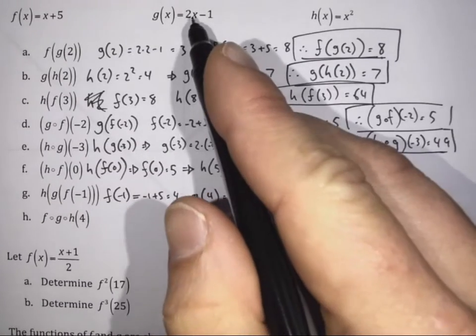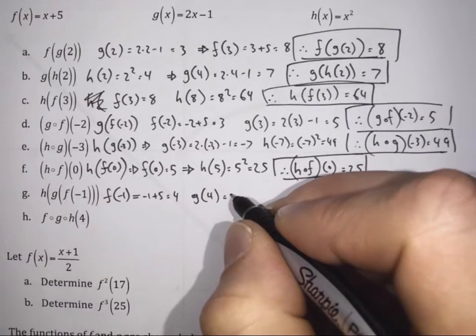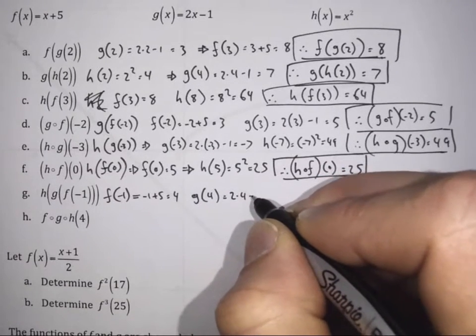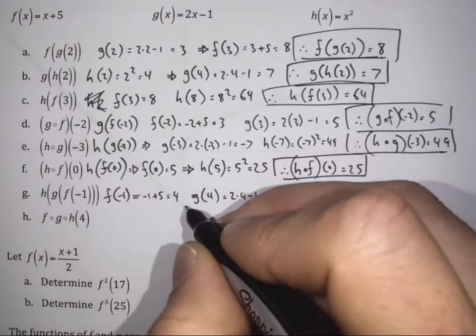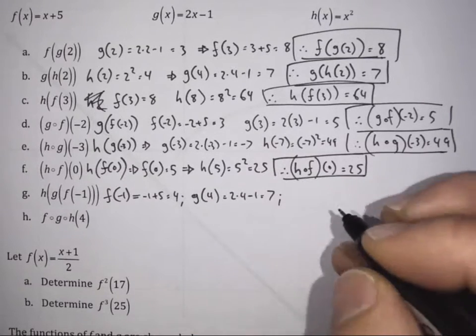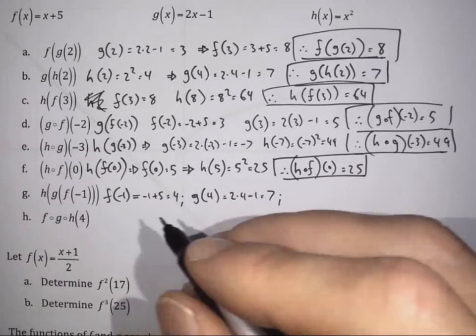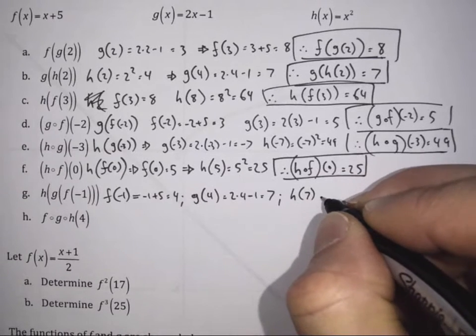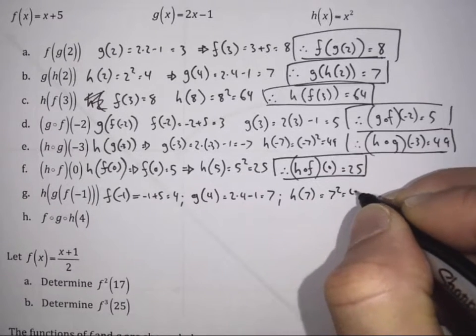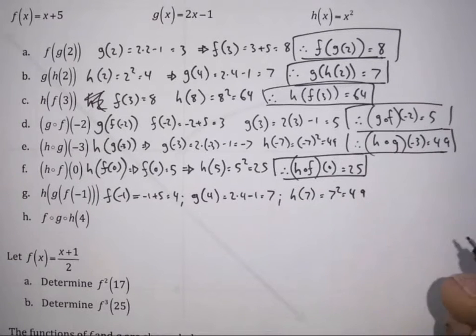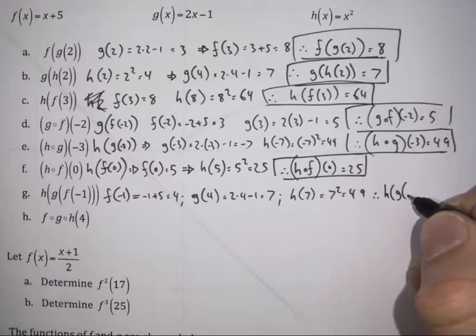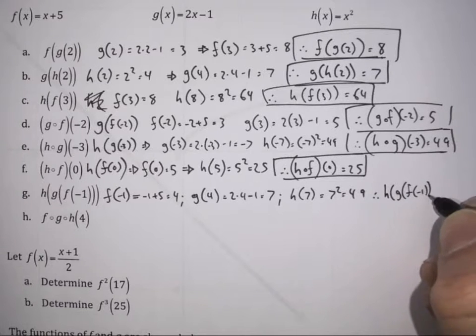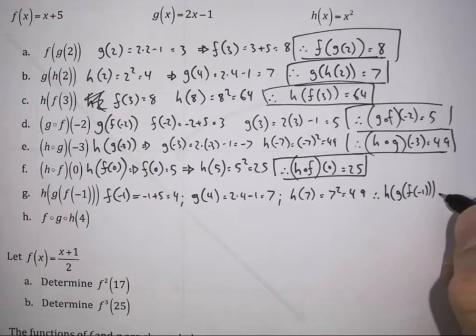That's going to be 2 times 4, 8, take away 1, which is 7. All right, and then I've got h of 7. That's equal to 7 squared, which is 49. So therefore, h of g of f of negative 1 is 49.